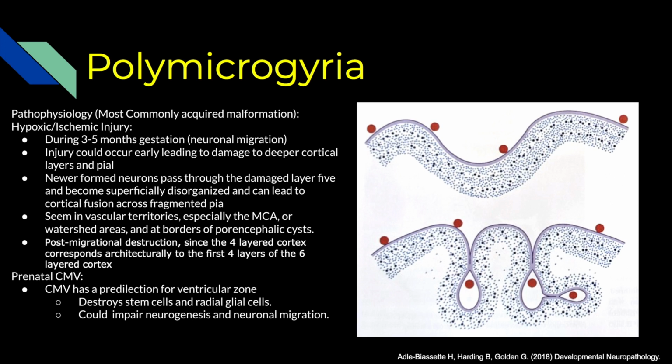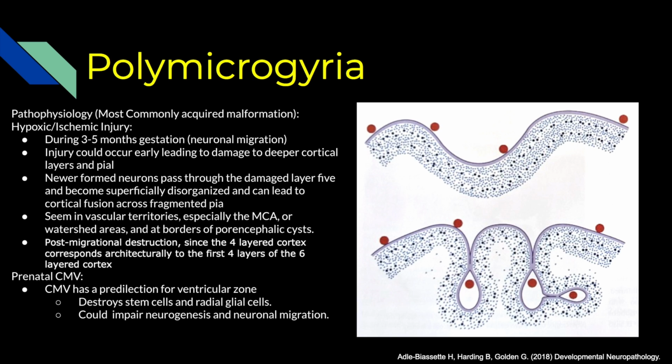Again, we know that hypoxia is a big driver of this process because they're often seen in vascular territories and watershed areas where the blood flow can be easily compromised. They also border porencephalic lesions, which are much more severe hypoxic ischemic injuries that occur in utero.